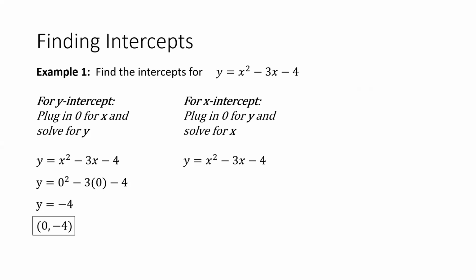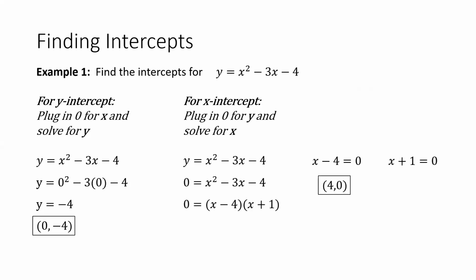Sometimes that becomes a little bit more involved. Like in this case, when I plug in 0 for y, this actually becomes a factoring problem, something similar to what we saw in the first section or maybe the second section. So I want to factor this. I want to find two things that multiply to get me negative 4 and add to get me negative 3. Those two things are negative 4 and 1. Then I just set each part equal to 0 and solve.